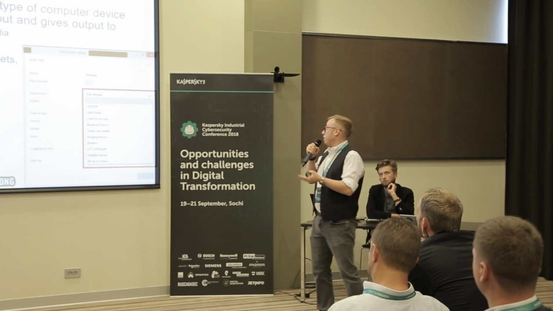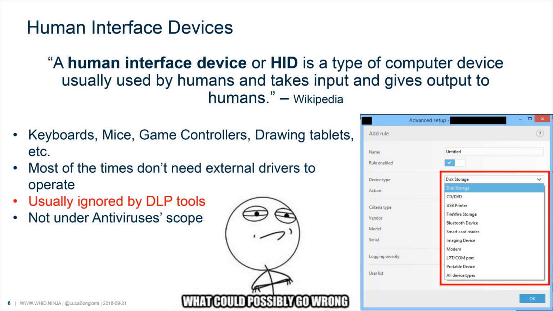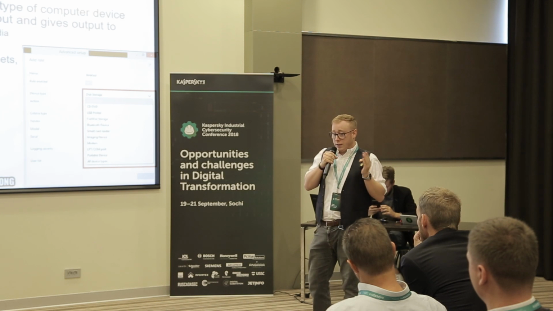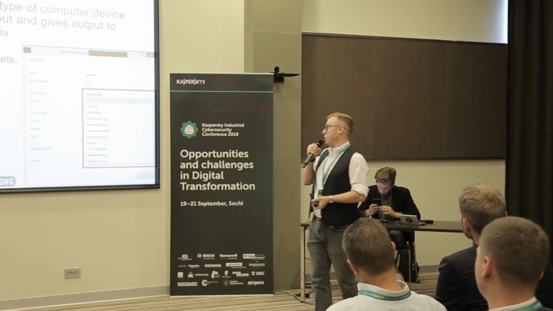As you can see here, we have disk storage, so USB flash drive, USB printer, Bluetooth device, many of them. But one thing that is lacking is HID, human interface devices, so keyboards or mice. Of course, there are data loss prevention appliances that allow sysadmins to whitelist and blacklist keyboards. We'll see later that it is possible to spoof VID and PID, so we can bypass that restriction.